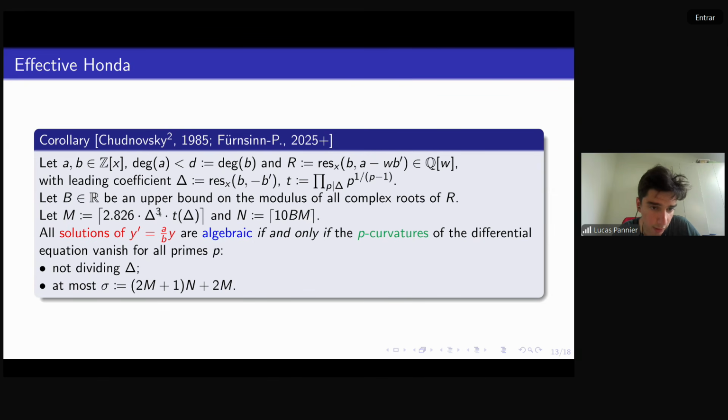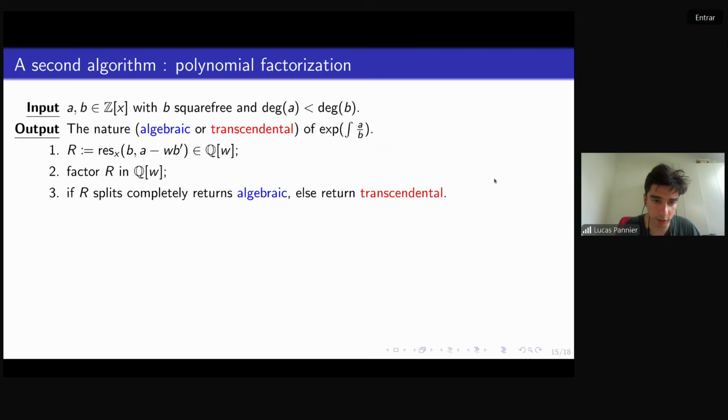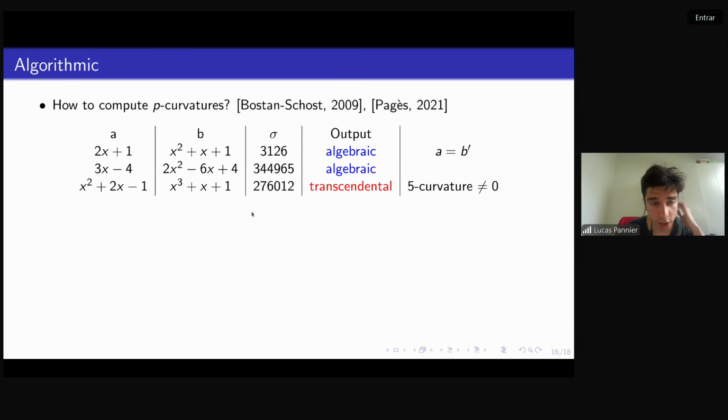It grows cubically in M, and here also cubically because there's an M here. So in the end, sigma is approximately delta to the 6, and sigma grows very quickly with delta. If I come back here, if we compute the resultant of B and B prime, we will obtain something like 3, whereas here we will have 31, I think. So 3 to the power 6 is not that big, whereas 31 to the power 6 is already much bigger.